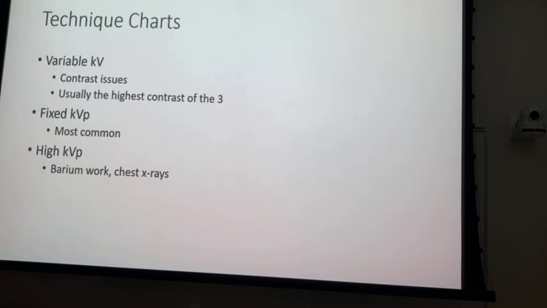So that's your fixed KVP. With variable KVP, the mass is relatively fixed and the KVP adjusts. With fixed KVP, the KVP is fairly well fixed and the mass is adjusted. Then high KVP is what we use for barium work and chest x-rays and things like that, just because we need increased penetration and a decrease in differential absorption.